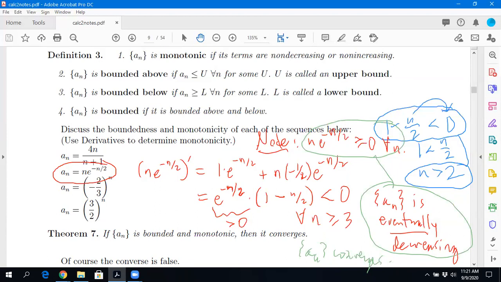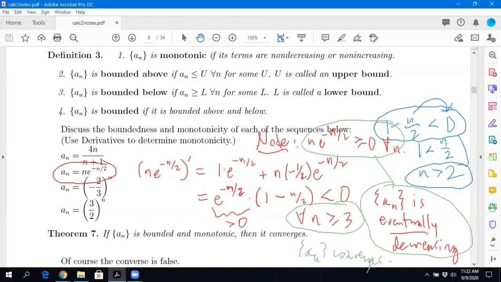By the way, we said that this thing was decreasing if n was 3 or more, correct? So where does this thing reach its maximum value? You know this from Calc 1.